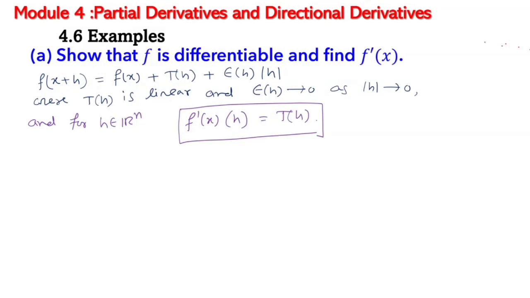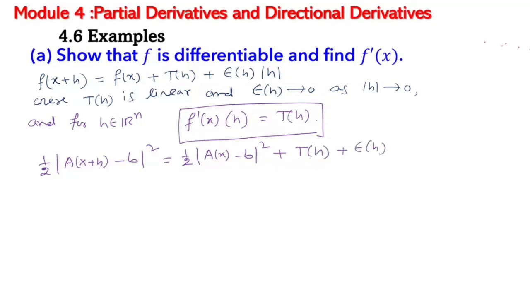So from this, in this case f of x plus h is half of the norm of Ax plus h minus b, whole square. So this is equal to half of Ax minus b whole square plus th plus epsilon h times the absolute value of h.